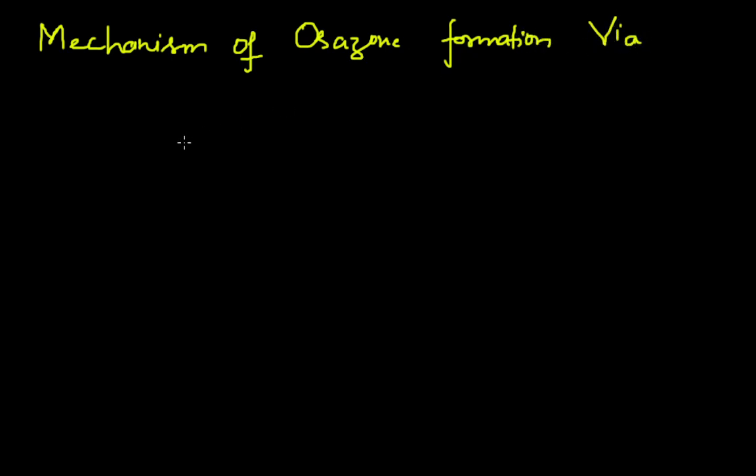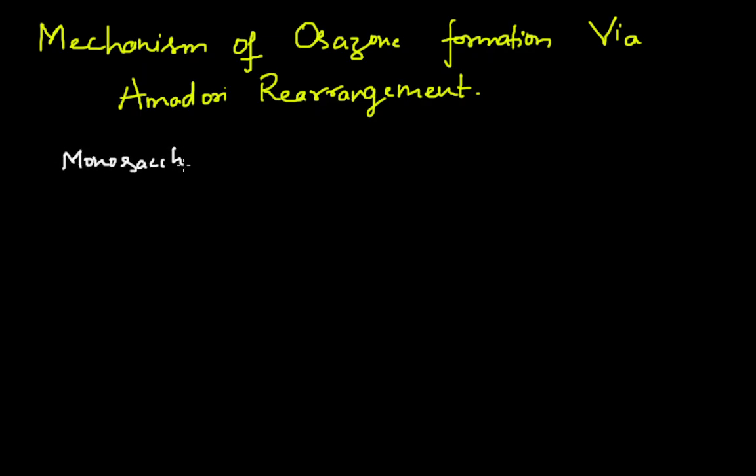This goes through something called the Amadori rearrangement. So you have your monosaccharide. I'll just take the top two carbons, and the rest of the carbons I'll just denote by this one.